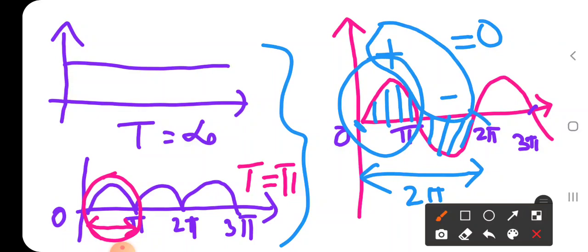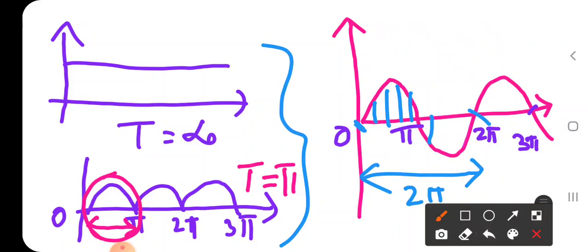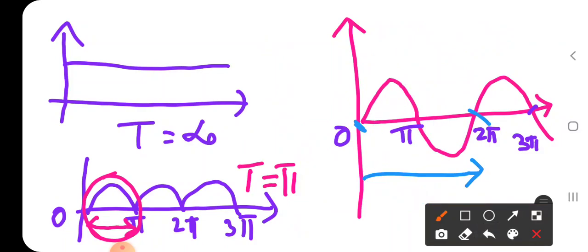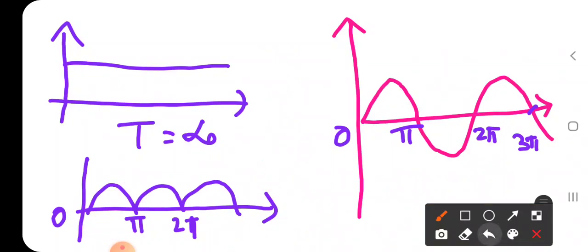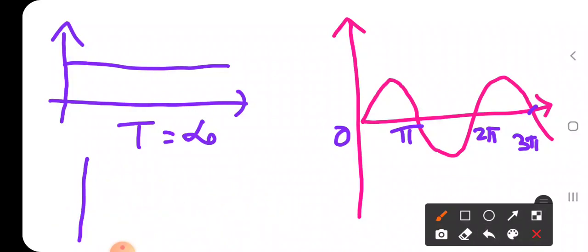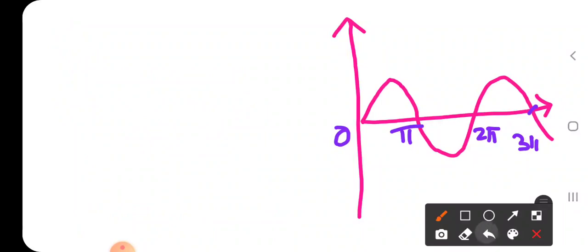So now let me write the function first. The first step while we are finding the RMS value, average value, peak factor and form factor is to write what the function is. Let it be this is voltage V, and let this value be Vm, and this one minus Vm.